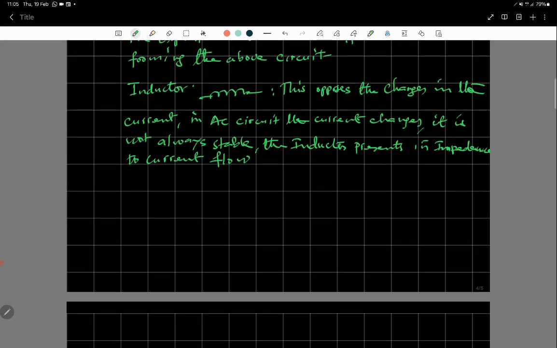So it is because of this that it opposes the current flow and it stores energy.